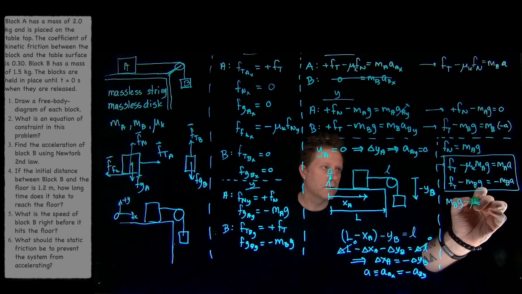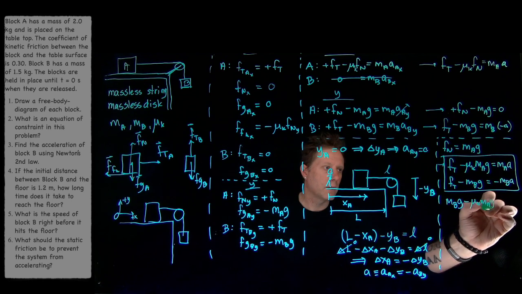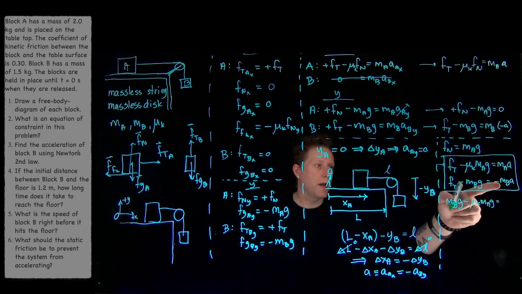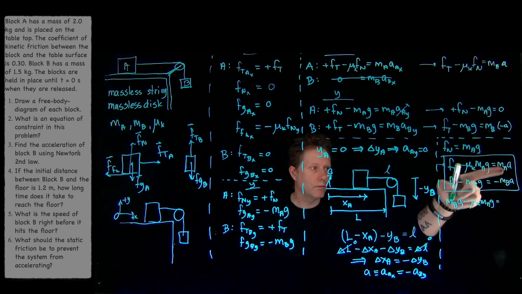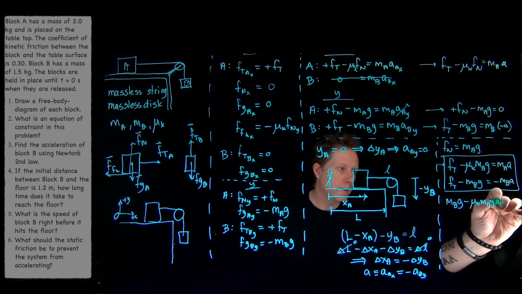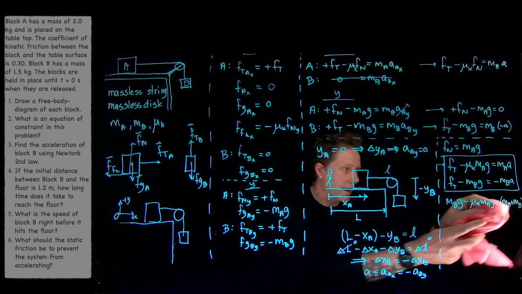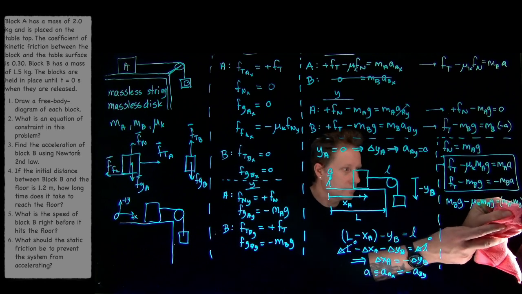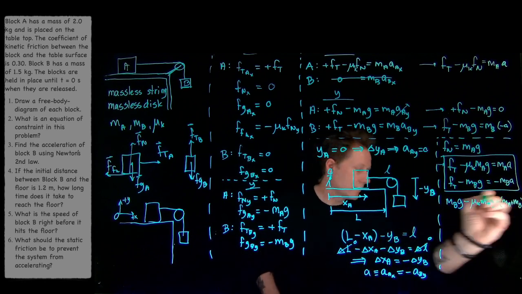So we have this term here still. And then we subtract the bottom from the top. So it becomes mass A plus mass B times A. You guys see that already?